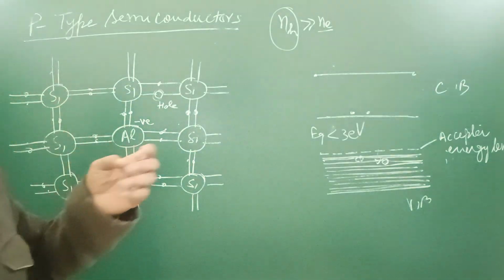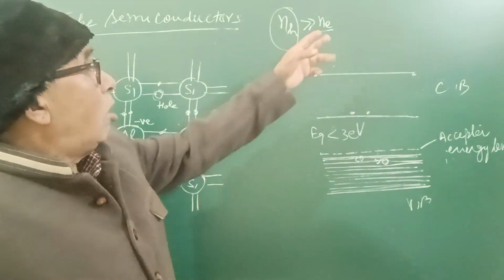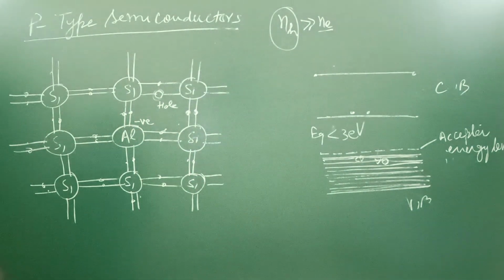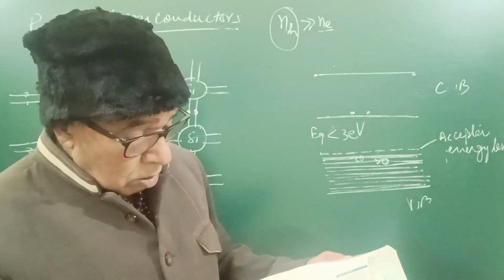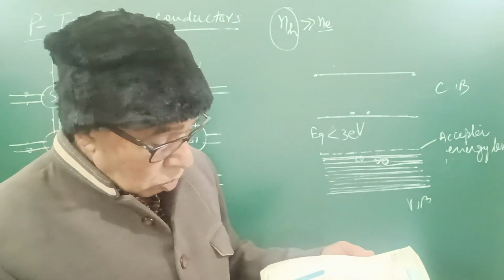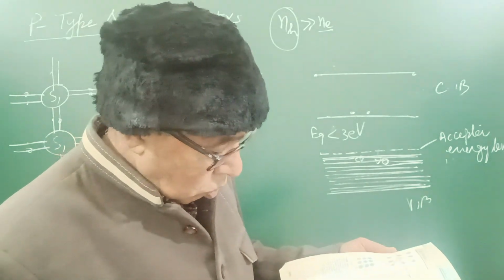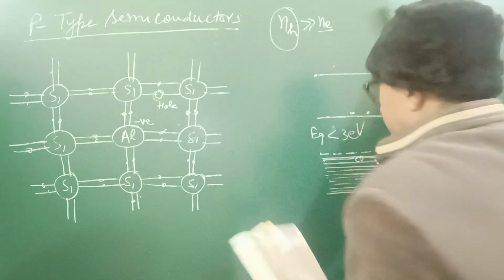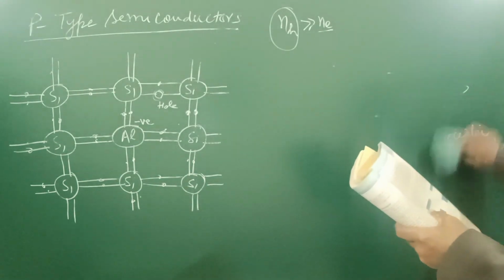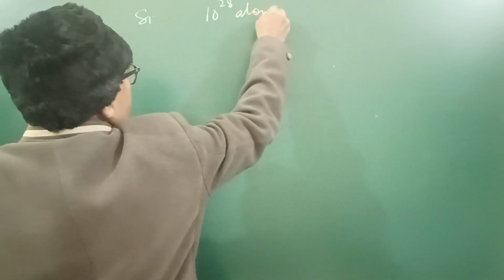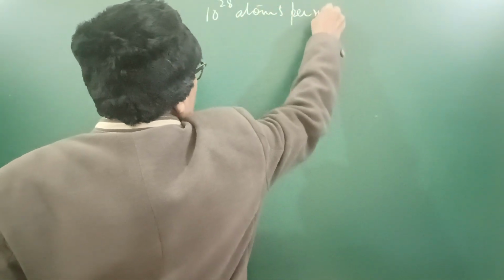Now you may be thinking, why are these in majority, how much is this? So here there is a question in the NCERT book. Please see this. Here you are given a question. Suppose that a pure silicon crystal has 5 into 10 to the power 28 atoms per meter cube.